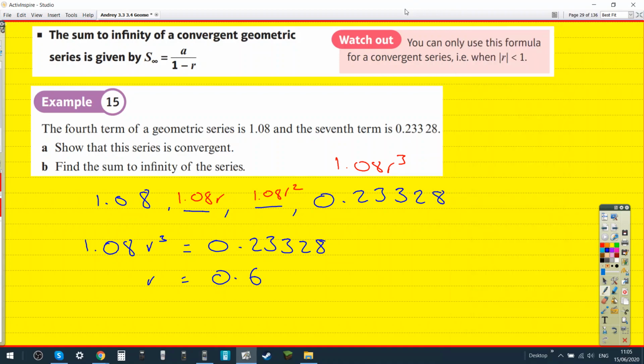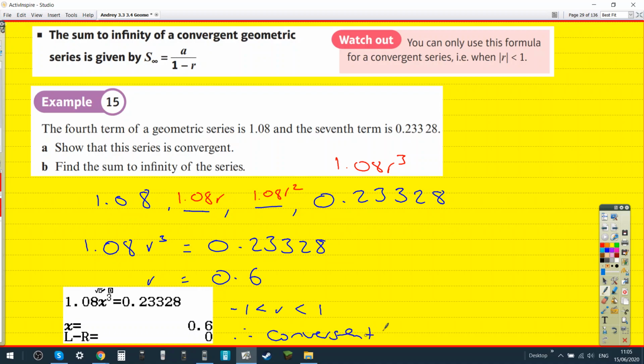Like the magnitude of r is less than 1, therefore convergent. So just put at the end, basically r is between 1 and minus 1, therefore it's convergent. It's basically the magnitude of r is less than 1. If r was 3, the numbers would just keep getting bigger and bigger and bigger. But here, the numbers will get smaller because you keep multiplying them by a fraction.